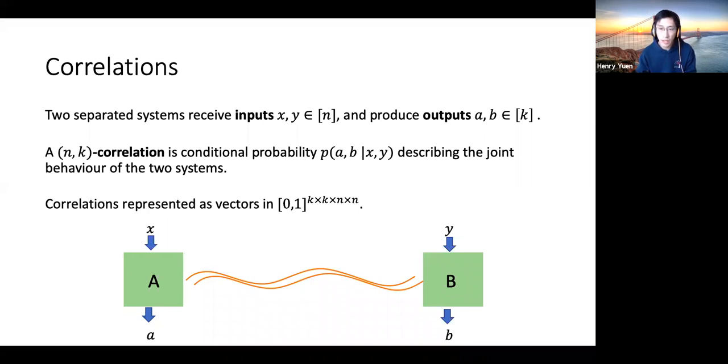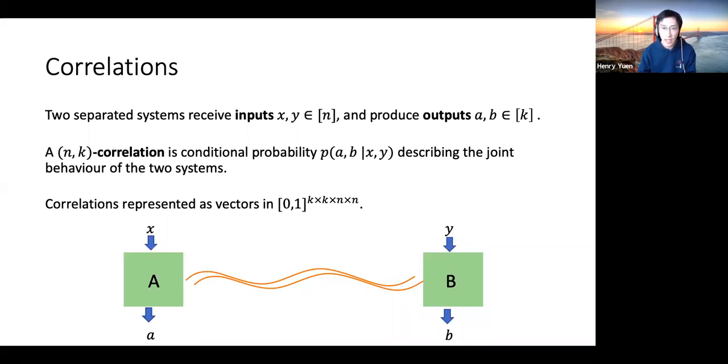We can think of the input as telling each box to perform some specific measurement of whatever is inside this box, and the output is the outcome of this measurement. We can describe the joint input and output behavior of these two boxes using some conditional probability distribution, P of AB given XY, the probability of these two outputs given their inputs.